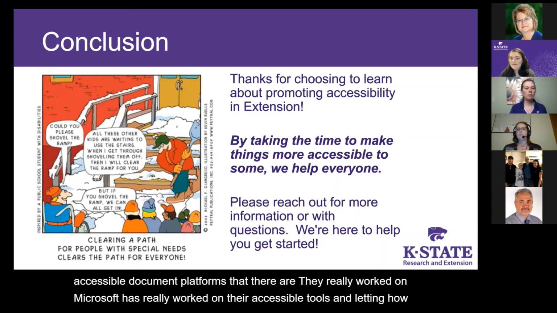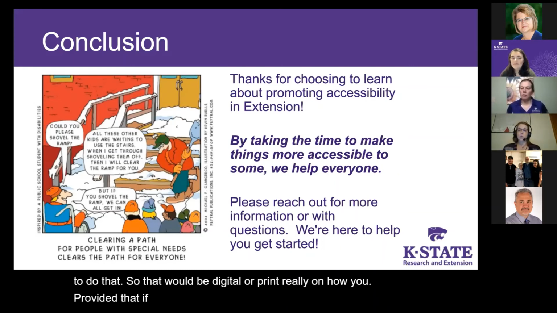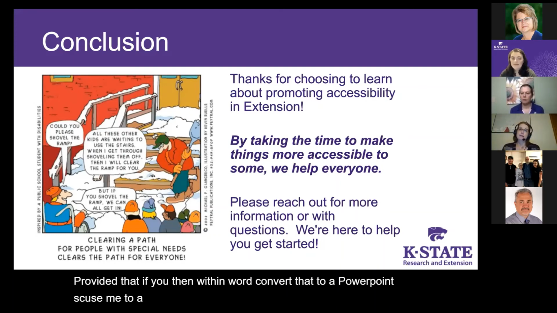So that would be digital or print, depending on how you provide it. If you then within Word convert that to a PDF, that PDF is then fully accessible. So those are great tools.